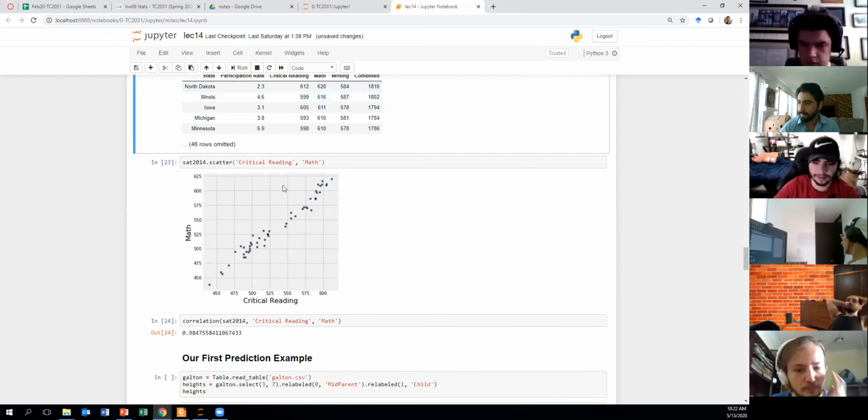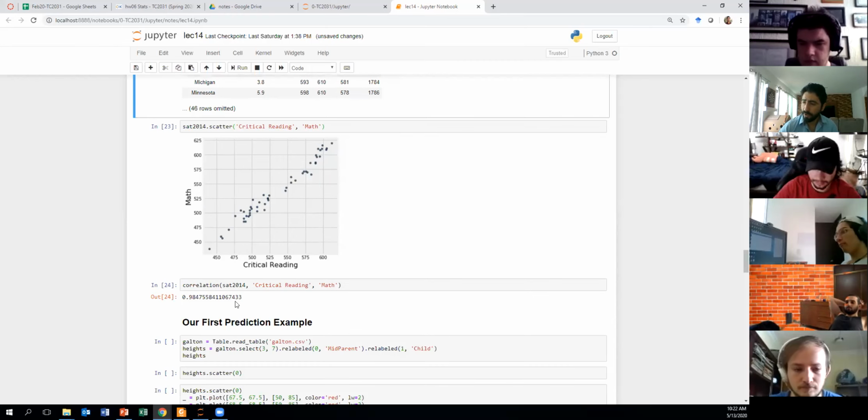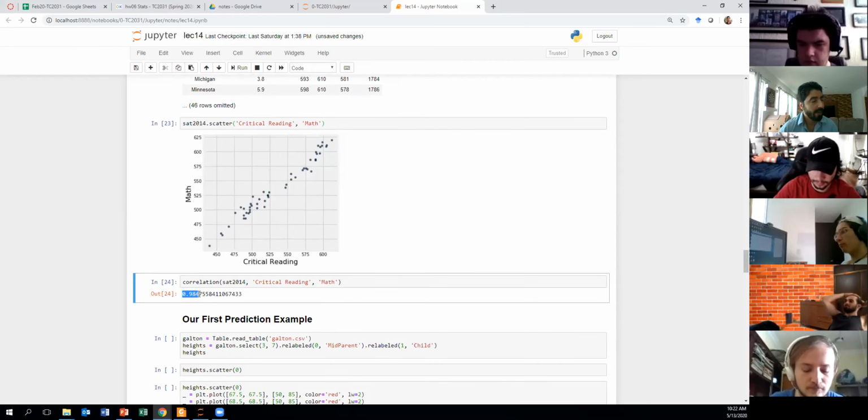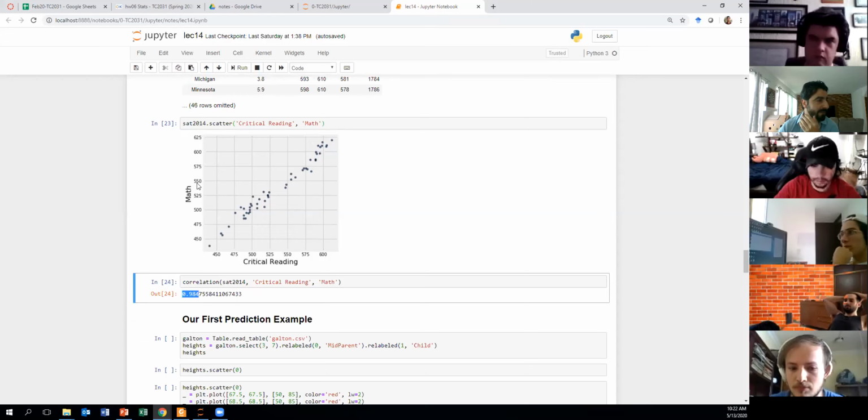So I did this correlation, I did the scatter plot, I calculated the R value, and I see pretty high correlation. So the question is, based on this, can you conclude for an individual, if you are good at math, you are good at critical reading? Umberto said yes. Does everyone think yes, or does anyone have a different idea?